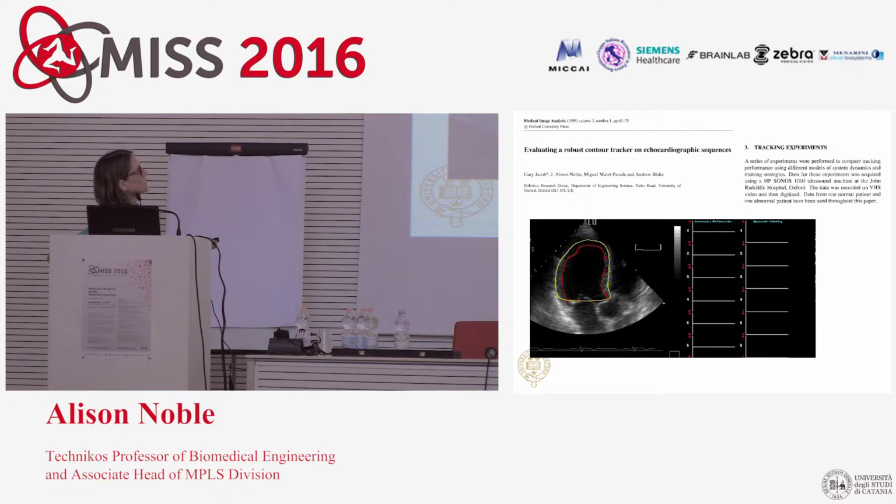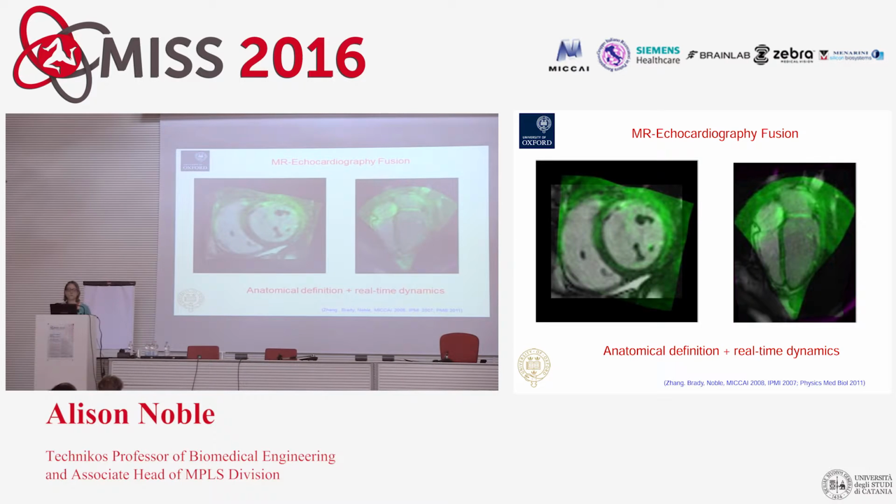But most importantly, data from one normal patient and one abnormal patient has been used throughout this paper. At that time, this was acceptable, the early days of being able to get any methods working. Clearly today, anything like that would not be acceptable, and we're much more interested in seeing how techniques of a similar kind can work on thousands and thousands of examples, which is what people do today.